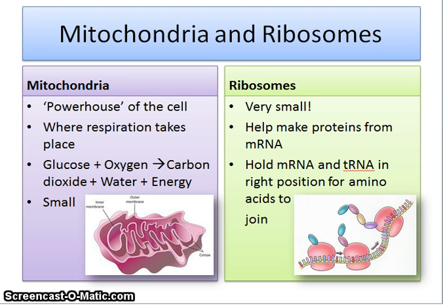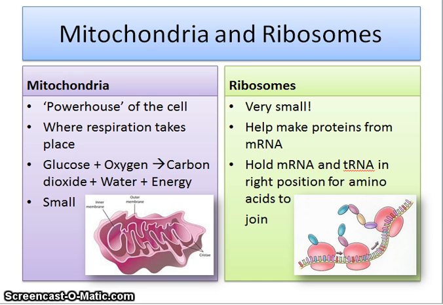The oxygen that you take in through breathing attaches to your red blood cells, is delivered through the capillaries and goes into the surrounding cells, and again that oxygen has to go into the mitochondria. That's where respiration takes place.